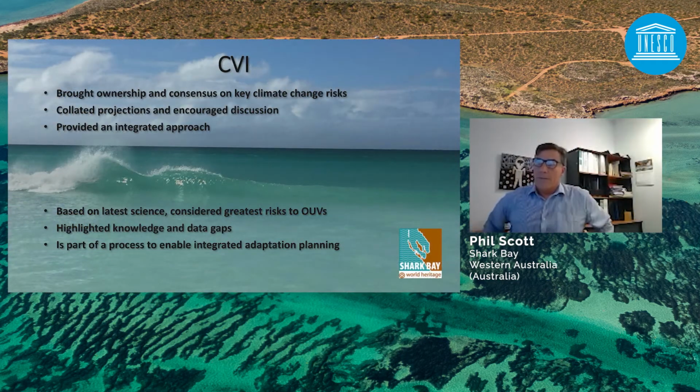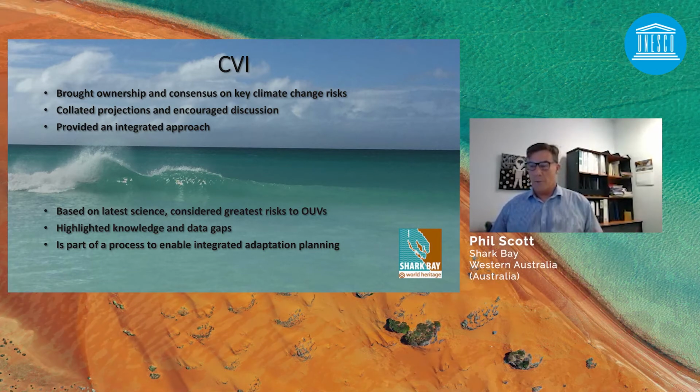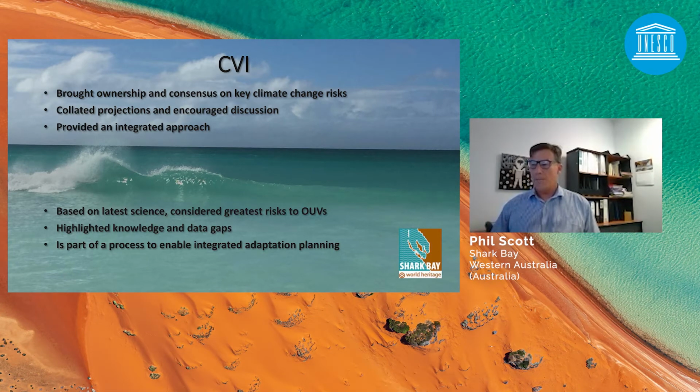What CVI did for us certainly was bring some ownership and consensus on the key climate change risks. That was particularly useful, I think, because prior to that, there were individual views and particular aspects that were being focused on. It also collated the projections and encouraged discussion, which was great.